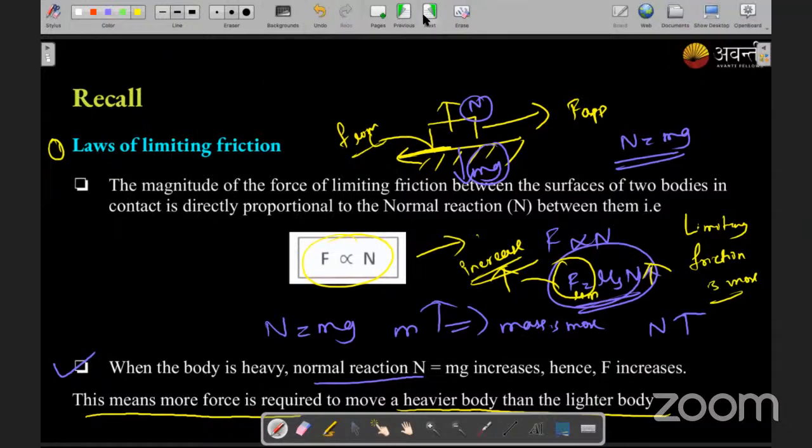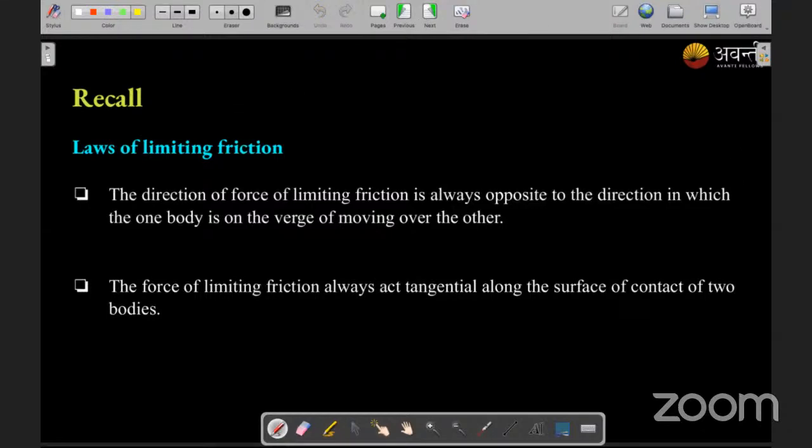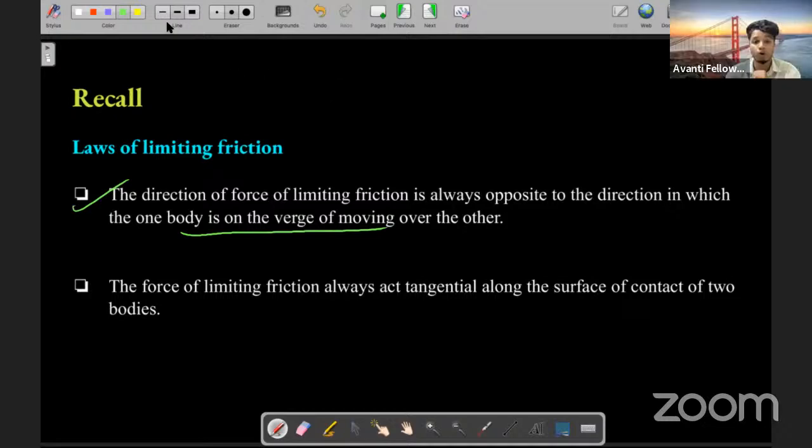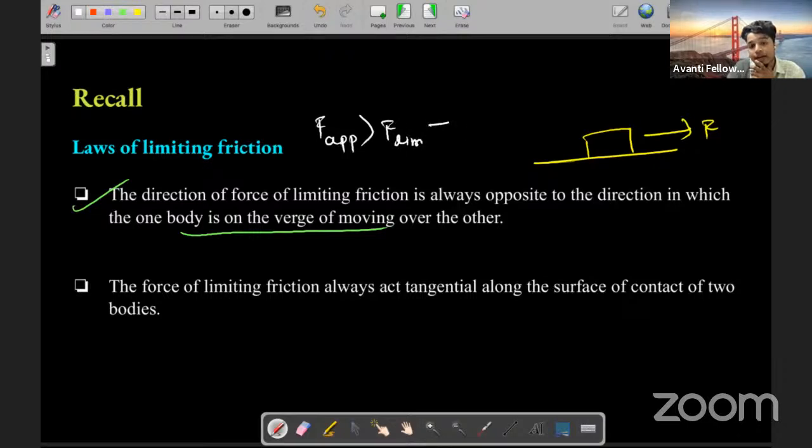Okay, good, very good. Now, what were the other things that we had to study? Here, the direction of the force of limiting friction is always opposite to the direction in which one body is moving, or is on the verge of moving, over the other. If there is a body and it wants to move in this direction, when the applied force is greater than the limiting force, then there is movement.